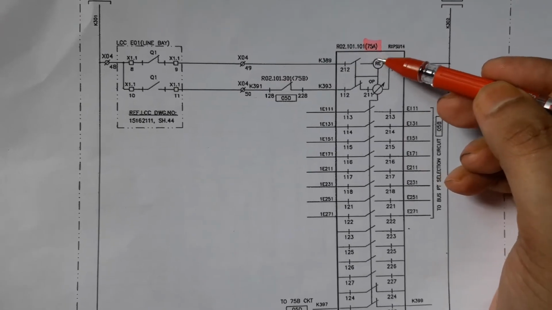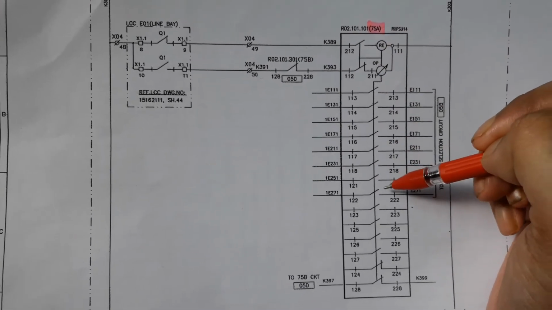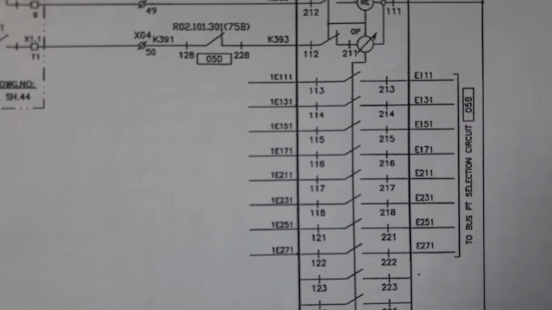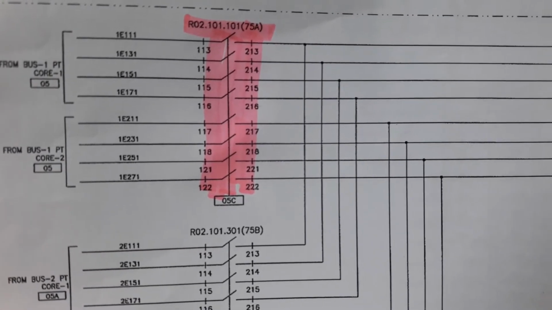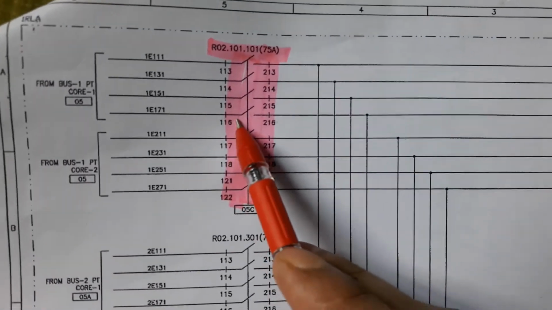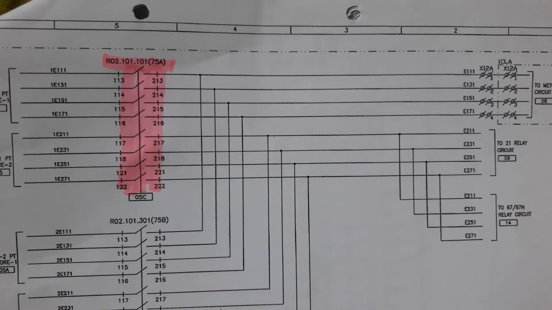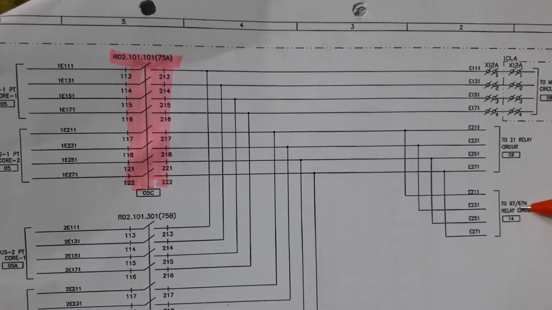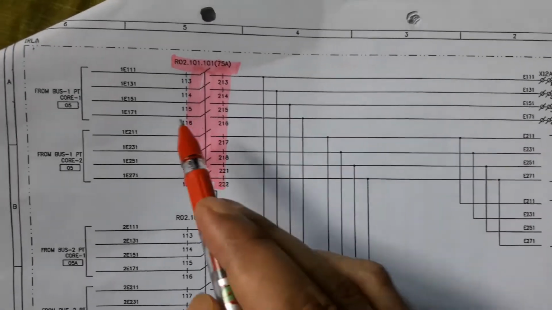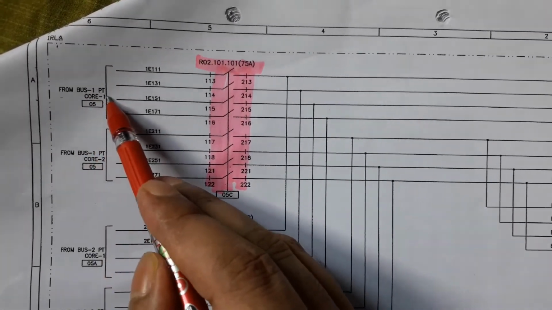So this 75A relay is in operated condition, which is described in sheet number 5B. So as the contacts of 75A relay are in make condition, metering, distance and directional overcurrent earth fault relays are all connected with main bus 1 PT.